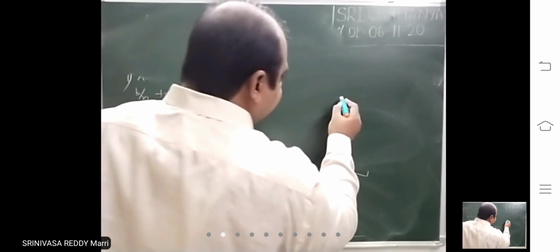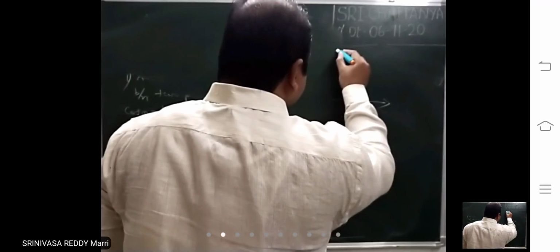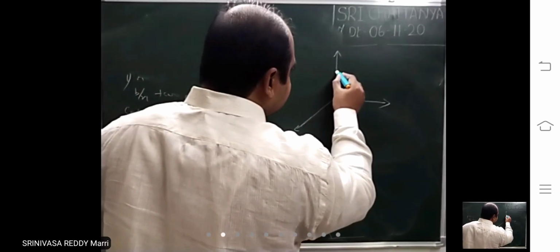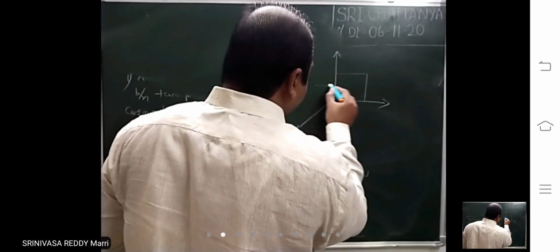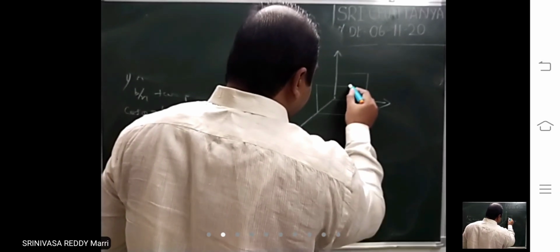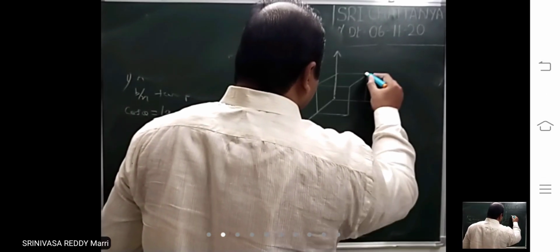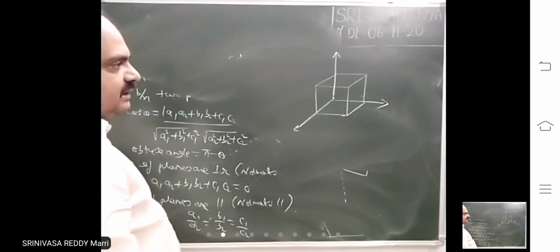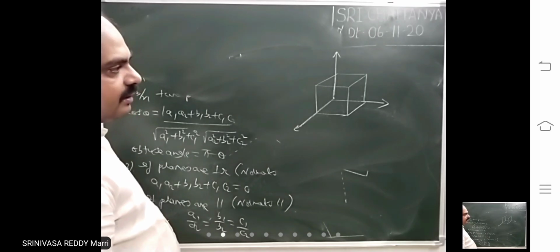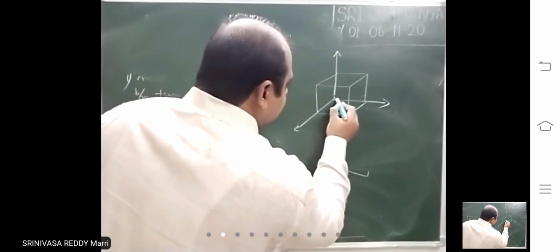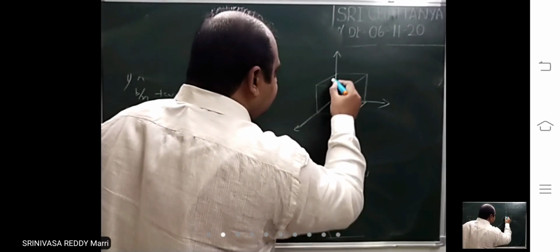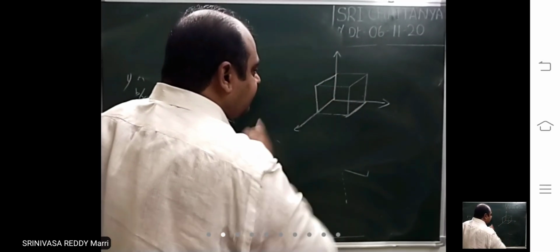Look at, suppose a cube is there, you will easily understand. Look at, planes are there like this, right? Let us take a cube or rectangular parallelepiped, whatever it may be. Now look at this plane and this plane, you see they are perpendicular.